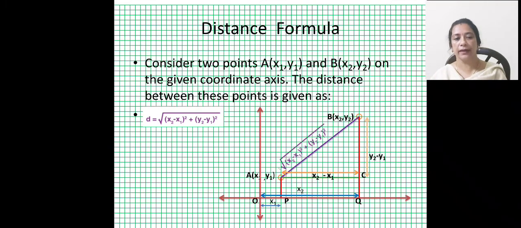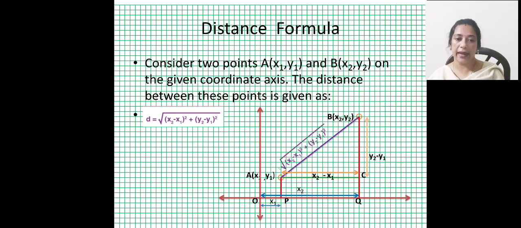Now, in the triangle ABC, we have the length of AC and the length of BC. And since ABC is a right angled triangle, we can definitely apply Pythagoras theorem. So, here AB squared is equal to AC squared plus BC squared. It means that AB is the square root of AC squared plus BC squared.